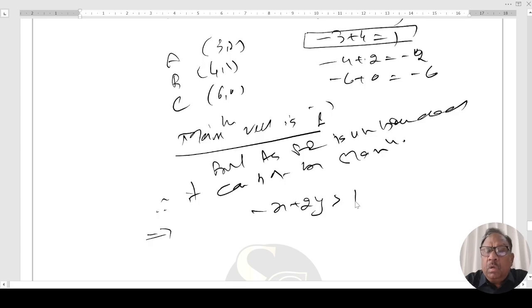If some points are common with the feasible region, there is no maximum value; if there is no common point, the maximum value is this one. This is the conclusion, right?